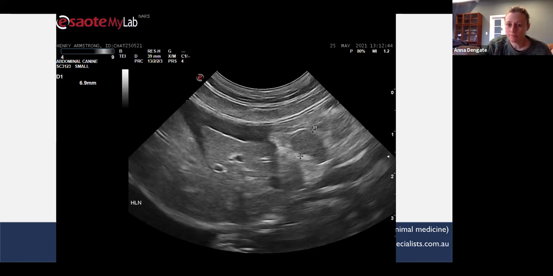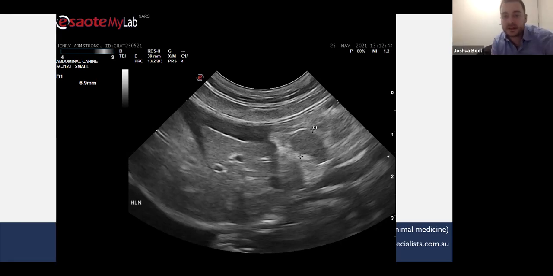I can have a go. Looking at the liver, I suppose it's kind of hard to comment exactly on its echogenicity, but it's hypoechoic to the surrounding fat, or the fat is hyperechoic to the liver.